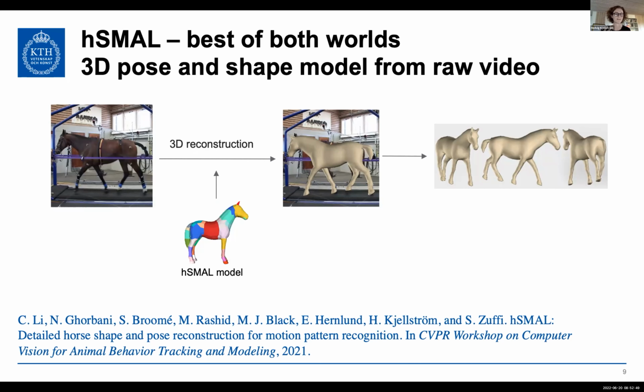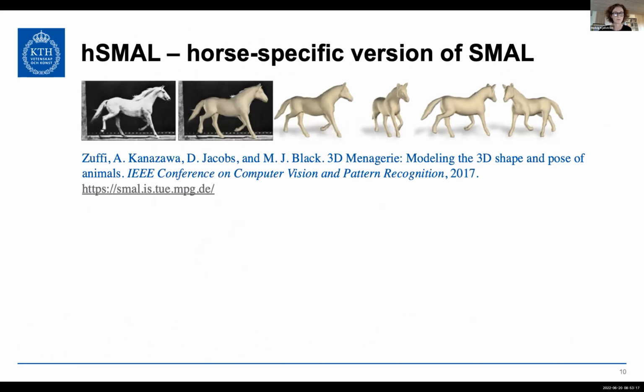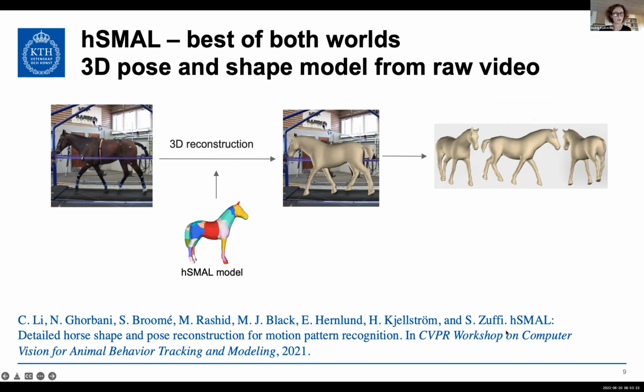So potentially it will display a lot more things than motion capture, like you can assess the weight of the horse, how the muscles are distributed and so on. This work is performed by my PhD student, Celie. I won't go into detail about this model here, but you can read more about it in this paper from this workshop last year.